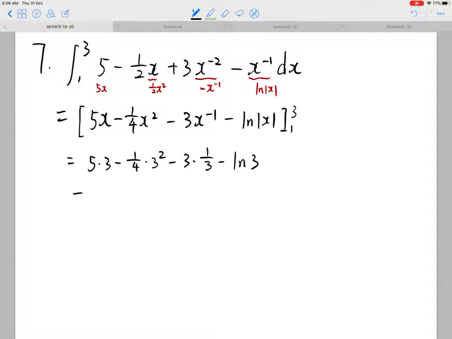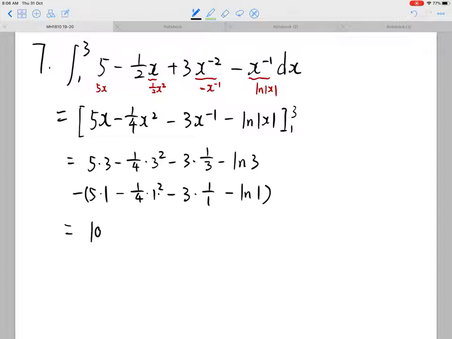You can align these two parts so it's easier to subtract. Now you see this minus this. Sorry, this part should be plus. So first, this part minus this part is 5 times 2, which is 10.